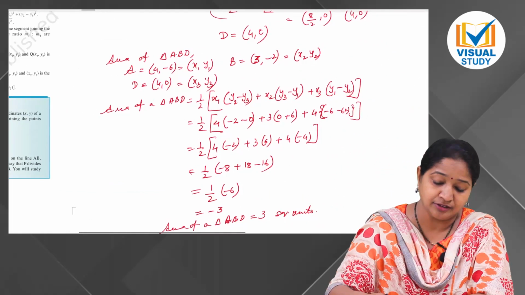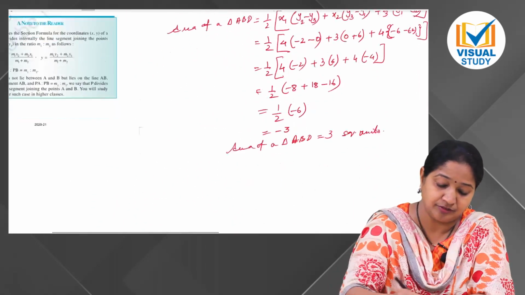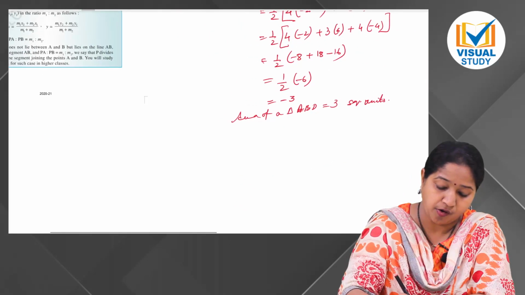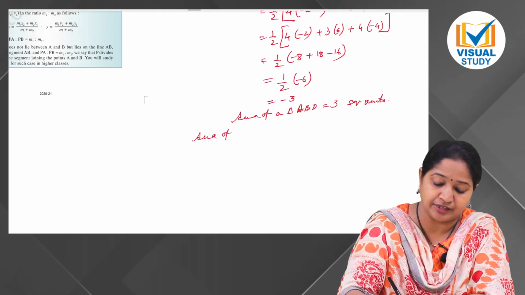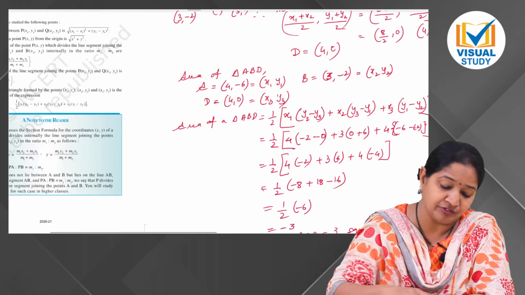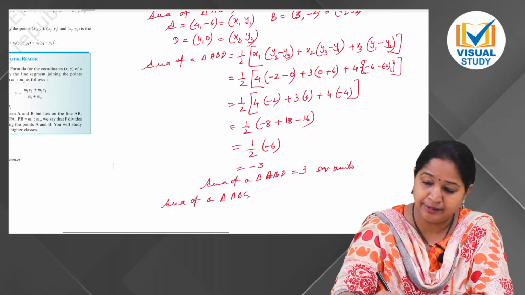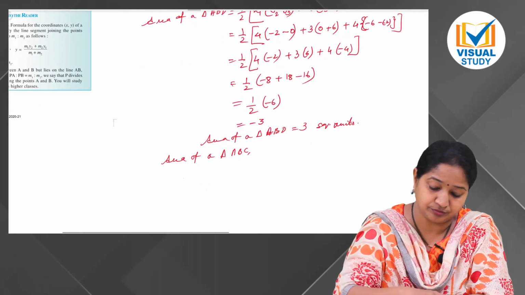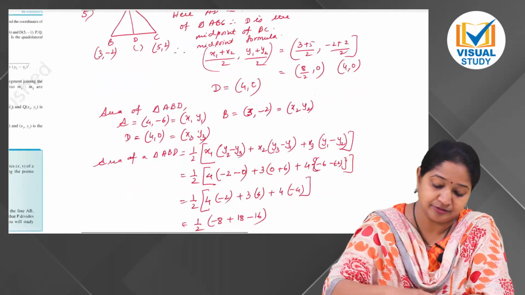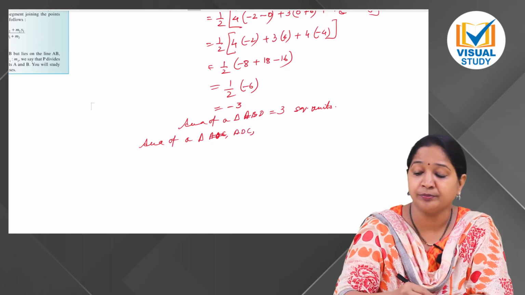So the next triangle is ADC, area of triangle ADC.